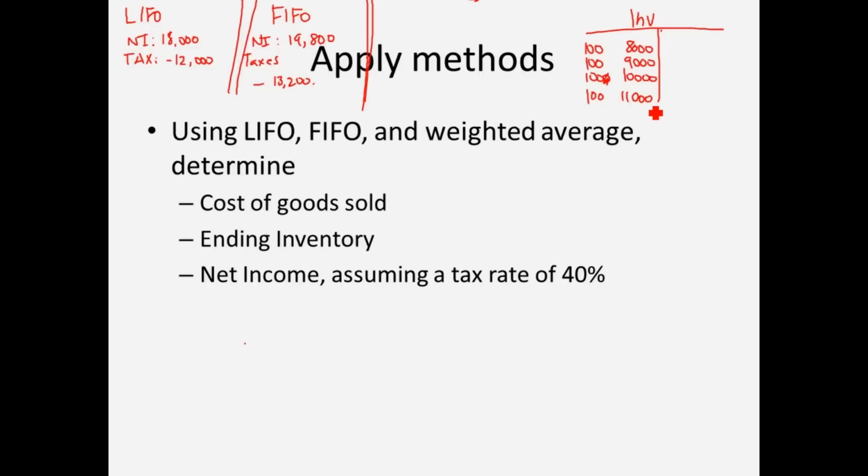So effectively, I'm going to end the year with 100 books. Each had an average cost of 95, because I don't know which books I'm ending up with. So I'm just going to assume each book is an average book, and I have the average number. If I end up with 9,500 in my ending inventory, what must my cost of goods sold be?